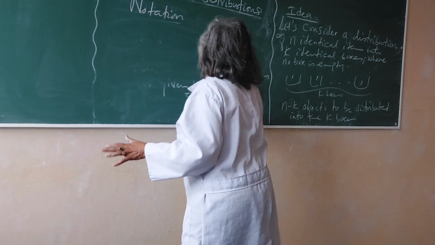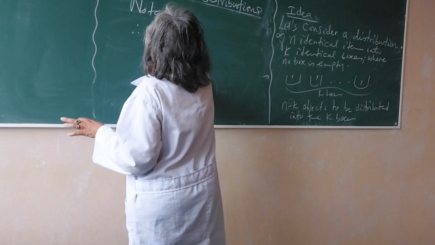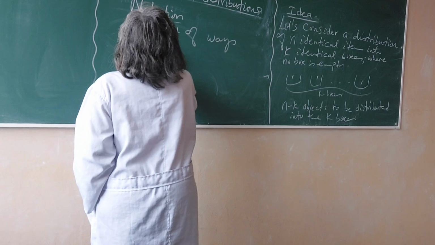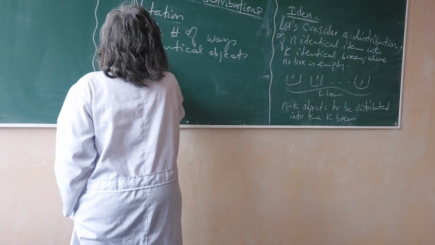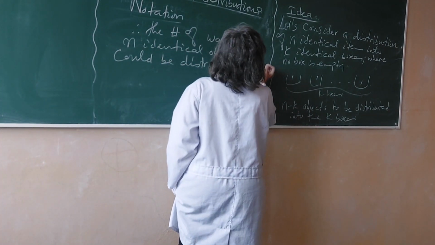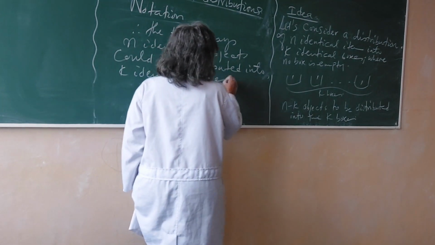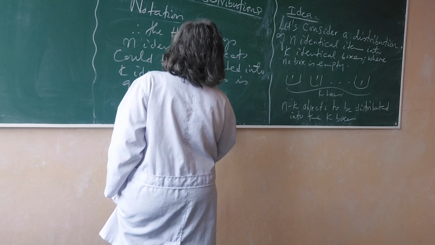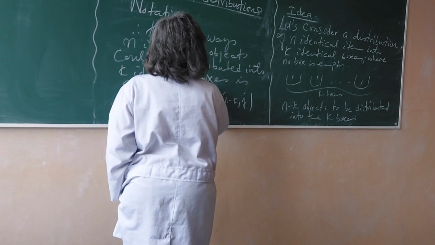Therefore, the number of ways n identical objects could be distributed into k identical boxes is given by the sum of P(n minus k, j), where j varies from 1 to k.